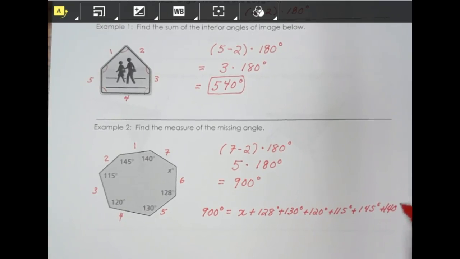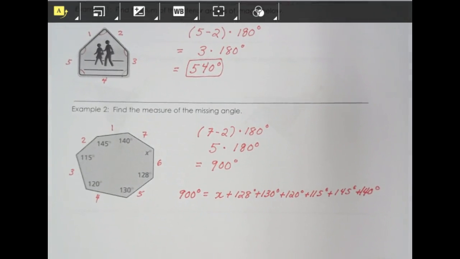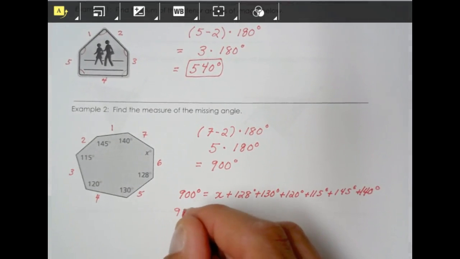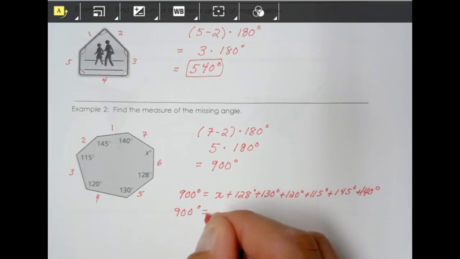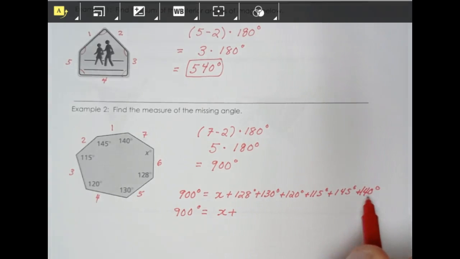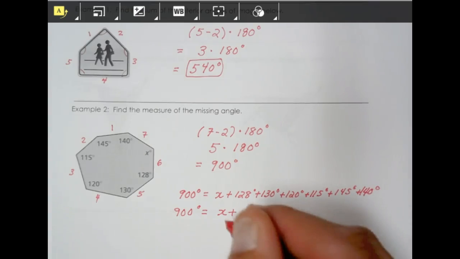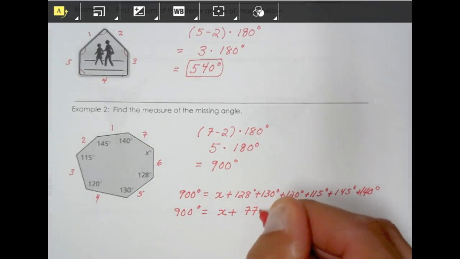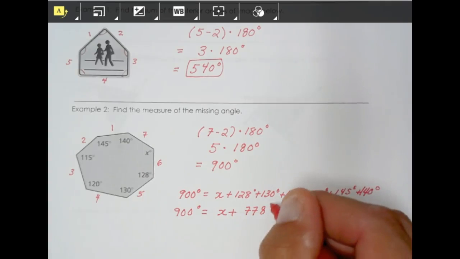So I've got all my angles listed there. So I have now 900 degrees is going to equal x plus all these angles added up. If you add all those angles up, you get 778 degrees. So that's a one-step equation now.